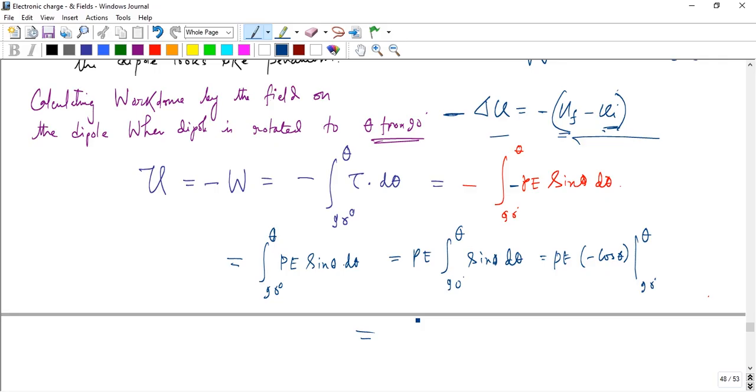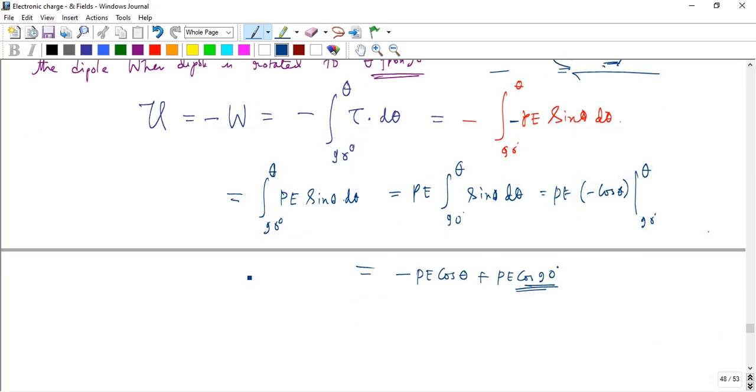So that is equal to minus PE cos theta, and this minus and that minus give plus PE cos 90 degrees, and you know that cos 90 is 0, so we get minus PE cos theta.